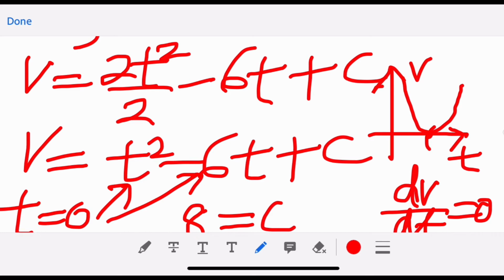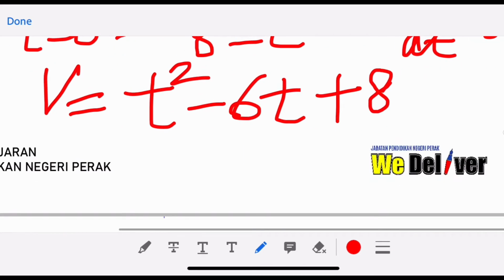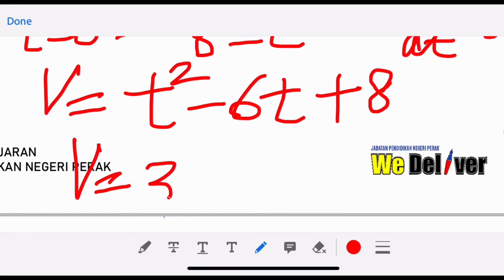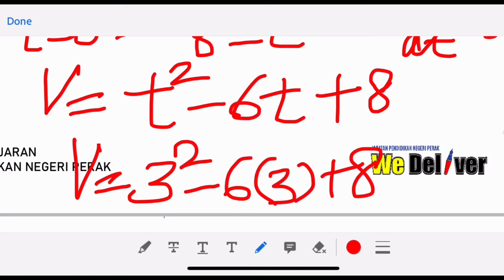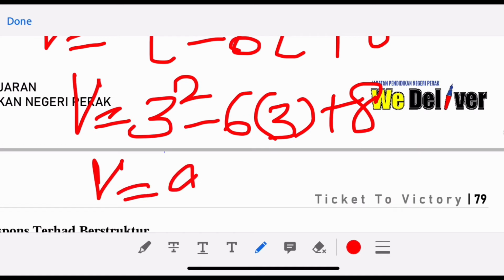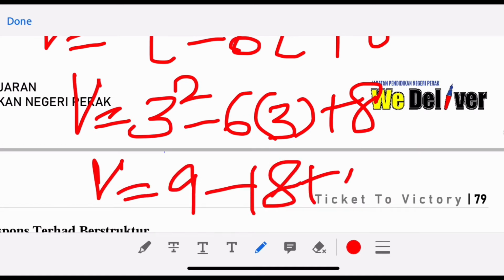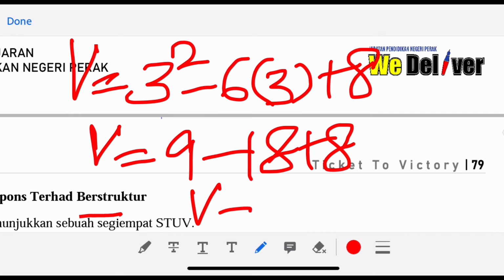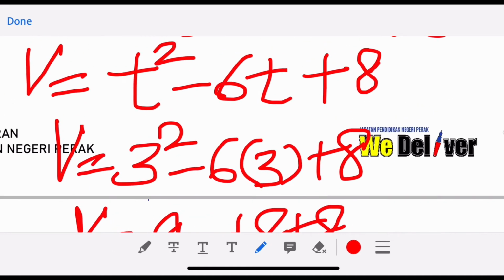Here is 3 seconds. So that means we will find the velocity here: 3 squared minus 6 times 3 plus 8. So we get 9 minus 18 plus 8, which is 9 minus 10. So the minimum velocity is negative 1 meter per second. It means the graph will be something like this.